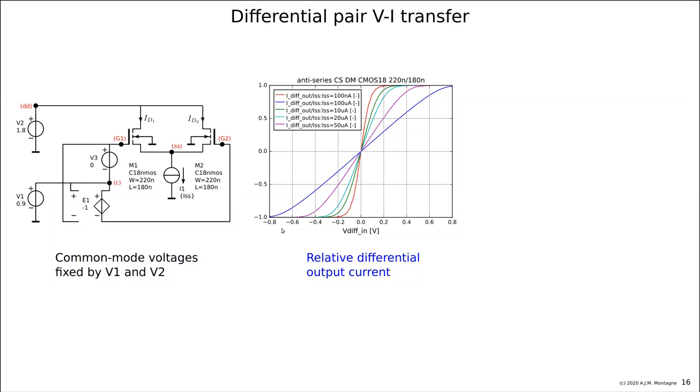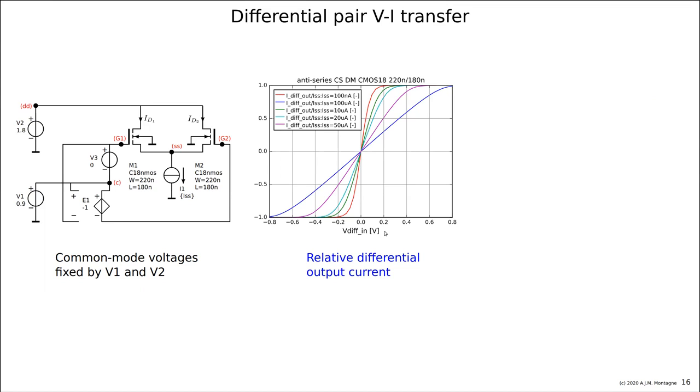That shows you that when the device is operating, let's say the red one is 100 nanoamps, when the device is operating in weak inversion, it just behaves like a bipolar differential pair. We have about 50 millivolt for a linear input range, and then we have the full excursion.